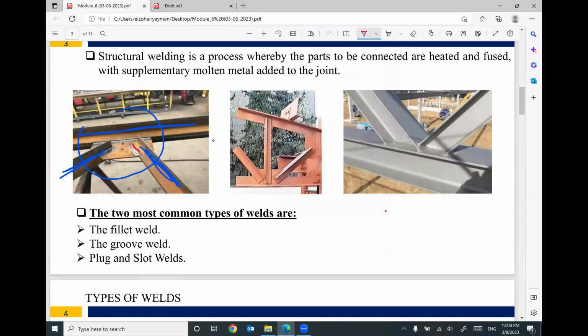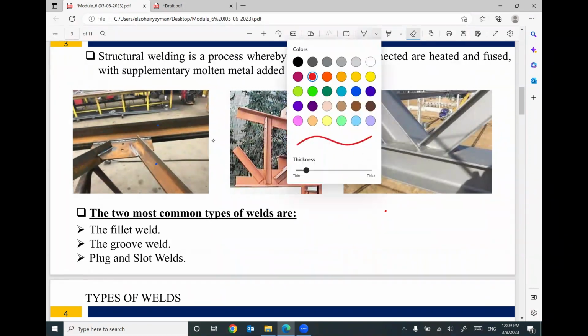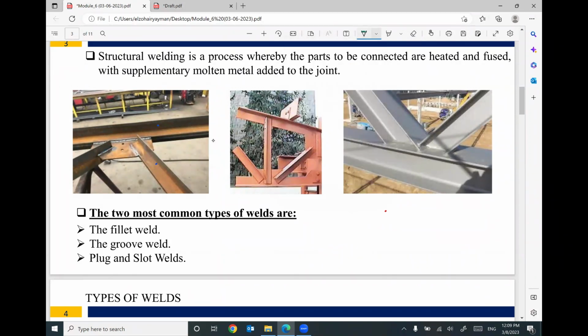Can you see this line? This line represents the welding. That makes sense? So you don't need to make holes in the member to put your bolts.